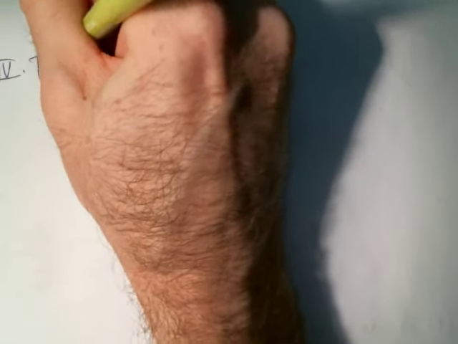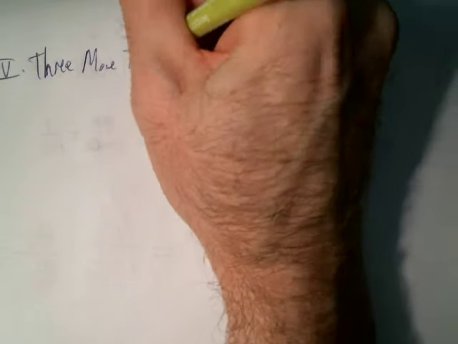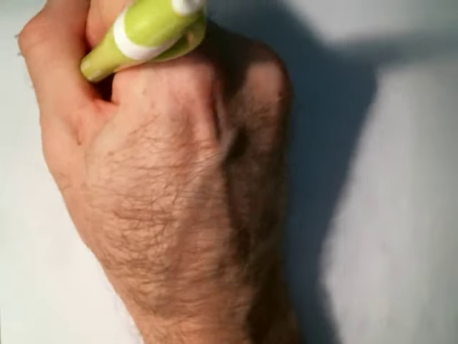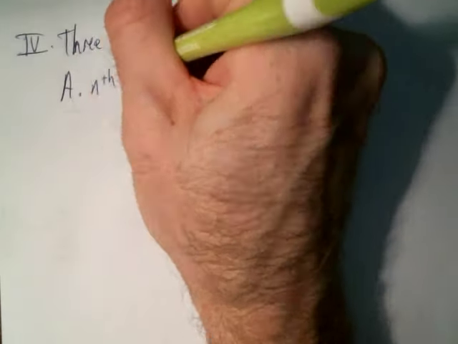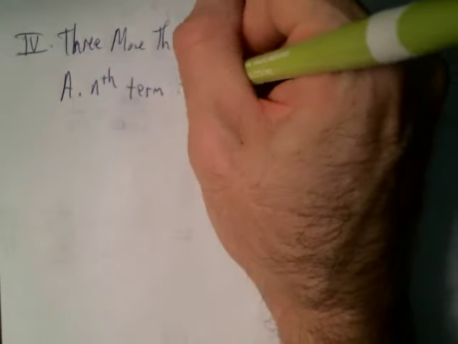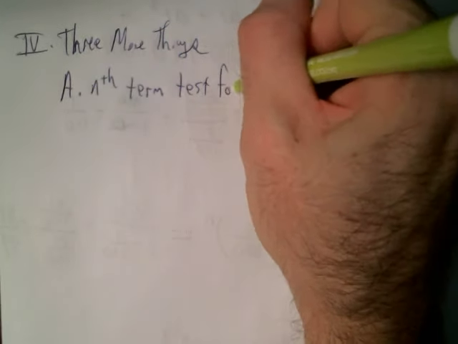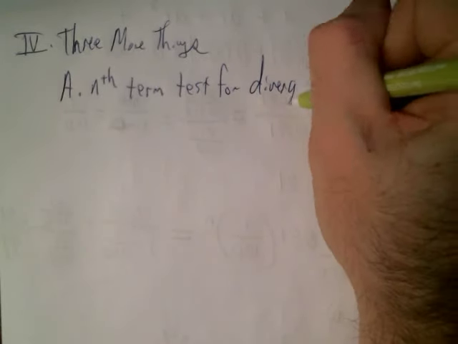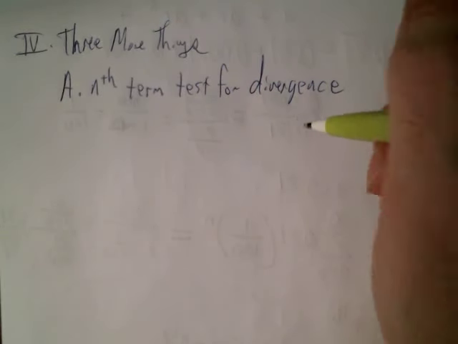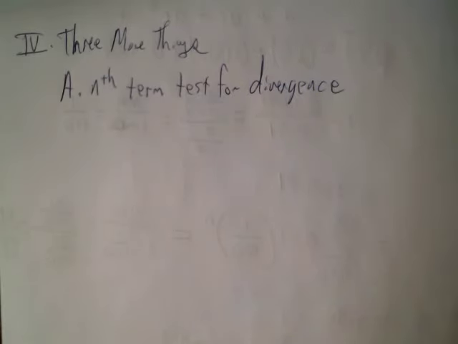Okay, a couple more things for our journey. Three more things. The nth term test for divergence, which is extremely important. Literally, the first thing you want to do when you get a series in the future is this test.